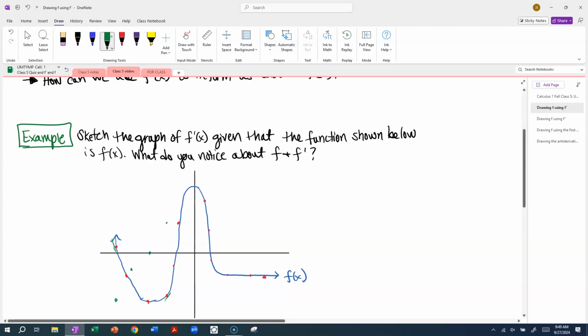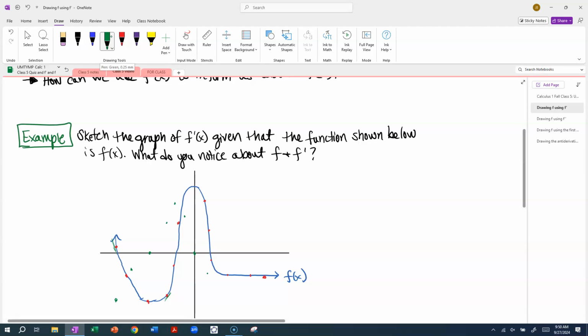So something like that, and then this is still a positive slope, but maybe it becomes less positive, and then here at the top of the curve, it's 0 for the slope, and then we're back to negative slope, becoming more and more negative over time, and then less negative.